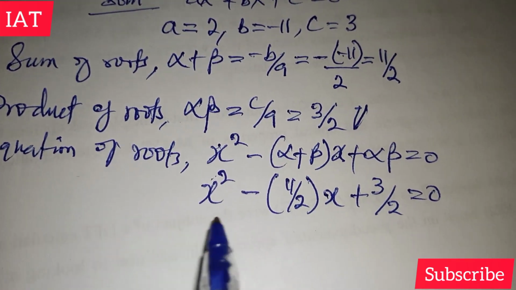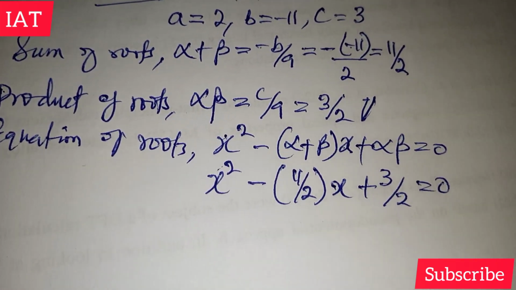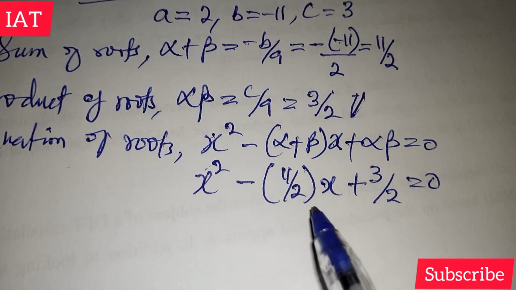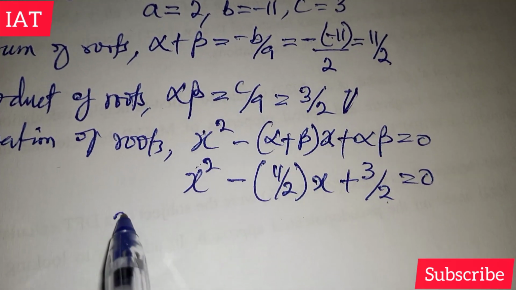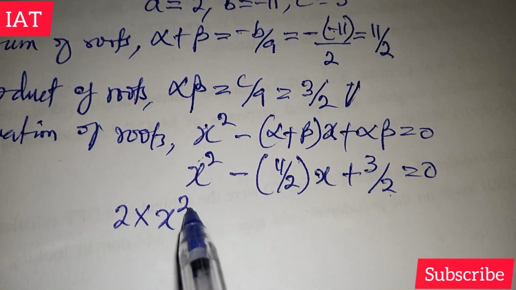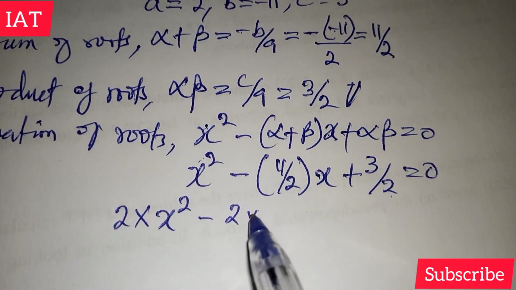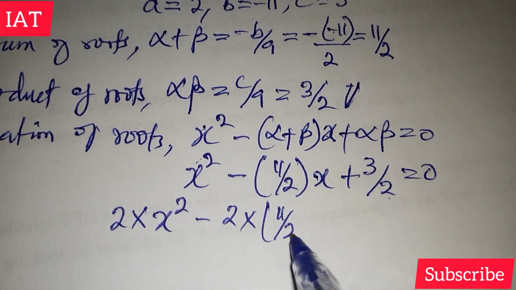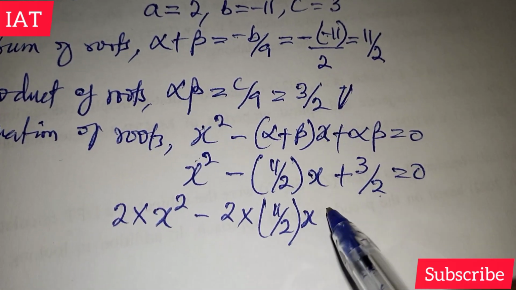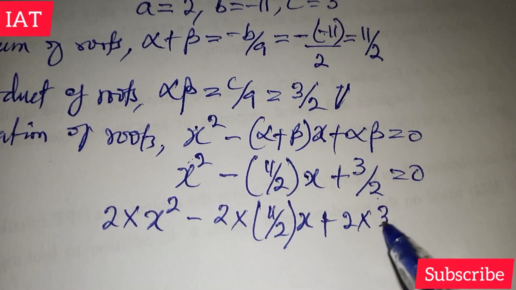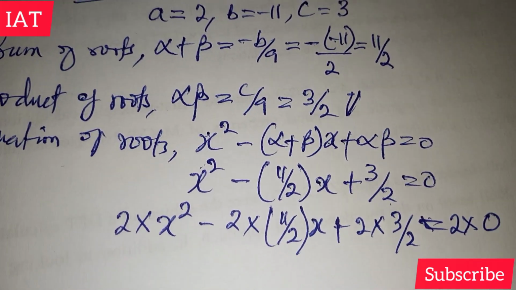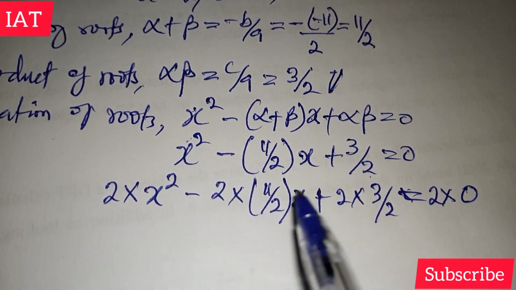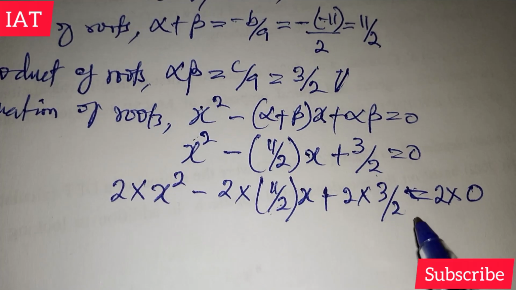So for us to make it look like a quadratic equation of linear form, we need to multiply all through by the denominator 2. So if I multiply 2 by x squared minus 2 by 11 over 2 x plus 2 by 3 over 2 equal to 2 by 0. That's multiplying the whole of the equation by 2, which is the denominator, the LCM.